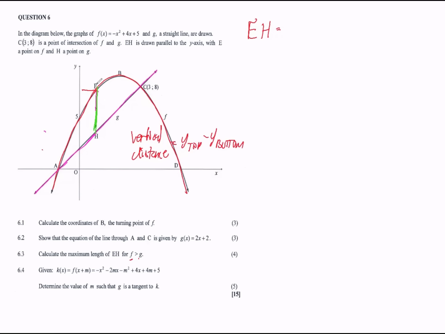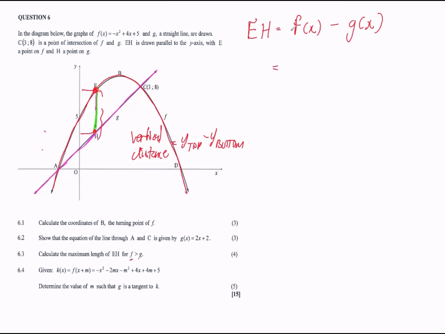So to calculate EH here, you would say y at the top minus y at the bottom, but the y at the top is represented by the equation of f of x, and the y at the bottom is represented by the equation g of x. Hope it makes sense. Remember, f of x is still the same as y, and g of x is still the same as y. So it's like I'm taking the y coordinate of E minus the y coordinate of H. That will give me the distance between the two.